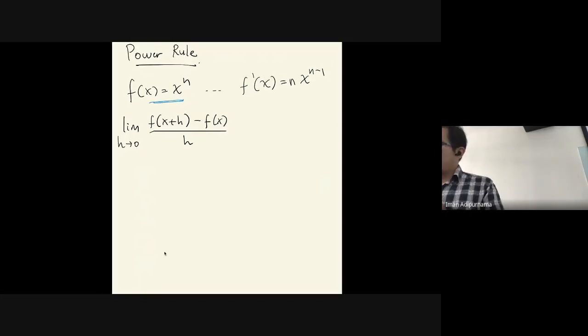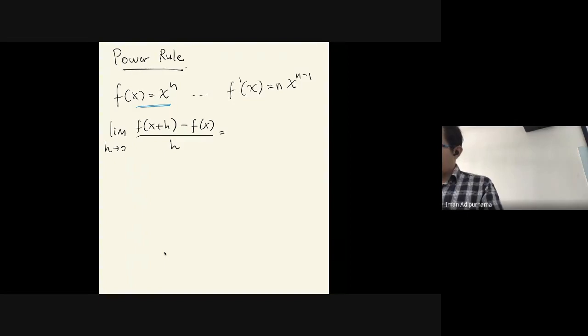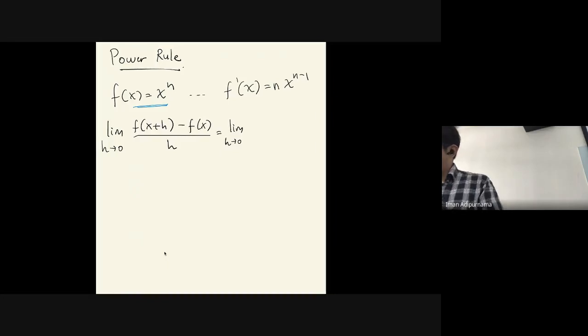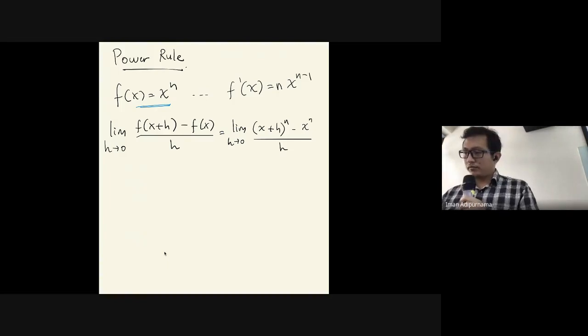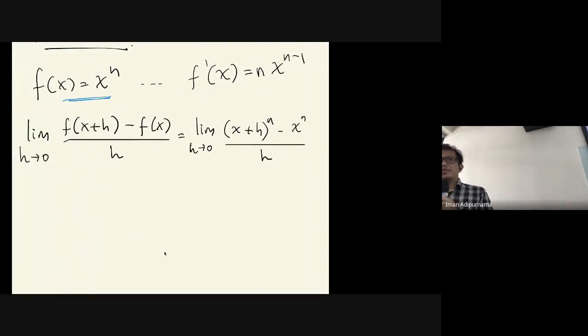It will be the limit as h approaches 0 of (x plus h) to the power of n minus x to the power of n, over h, right? Okay. Any idea what we should do? Any idea how we should solve this?